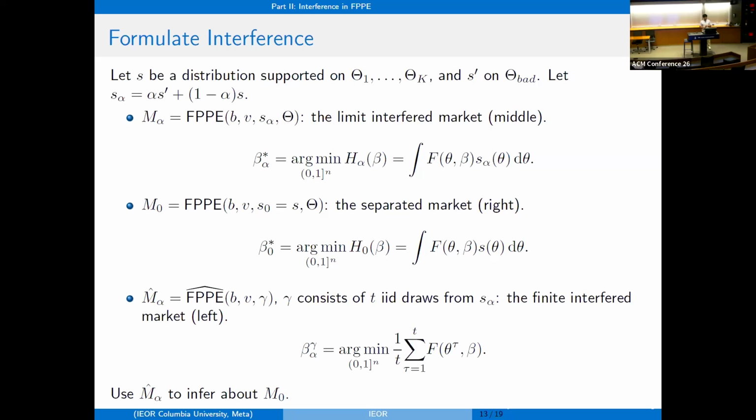And then the three markets that we just saw can be conveniently denoted by these three notations here. And each of them solves a convex program corresponding to that market. And now our research question can be formulated as: we use the data from M alpha hat, and we would like to infer about the market without interference, which is the M0 market.